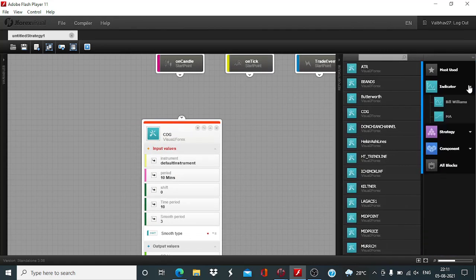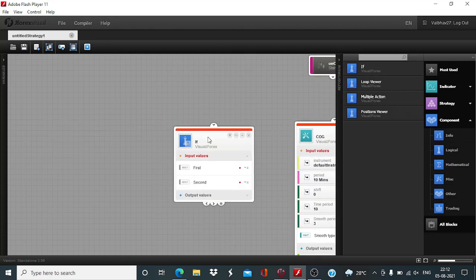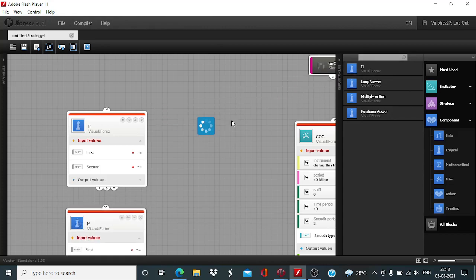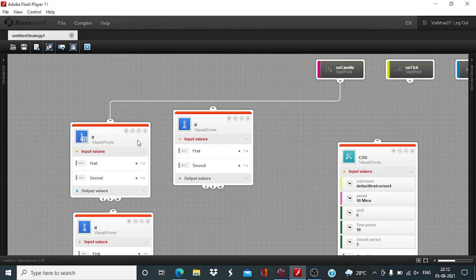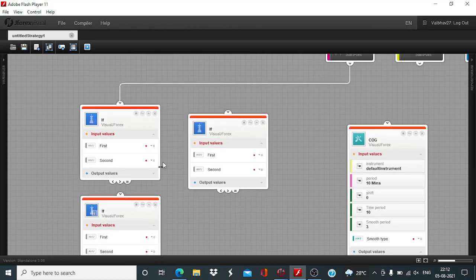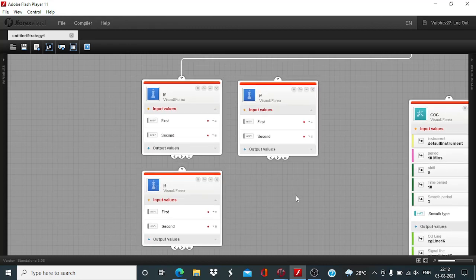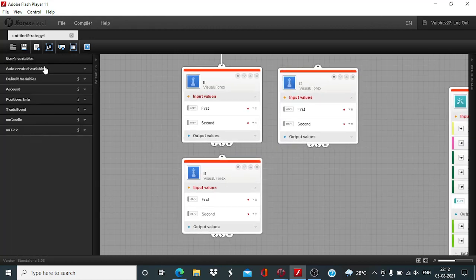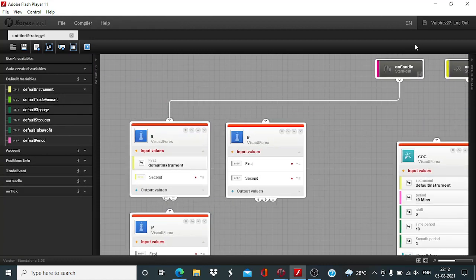First thing we will have to do is get the instrument subscription done. Default instrument will need to be matched with the candle instrument.